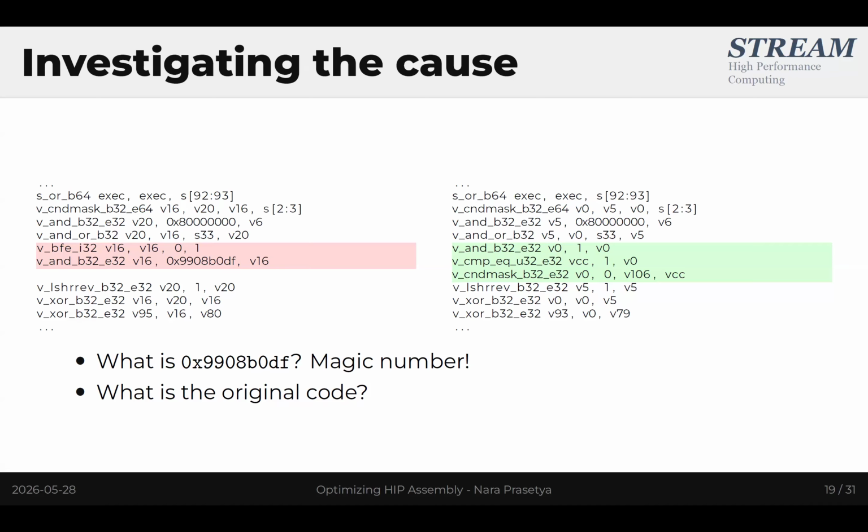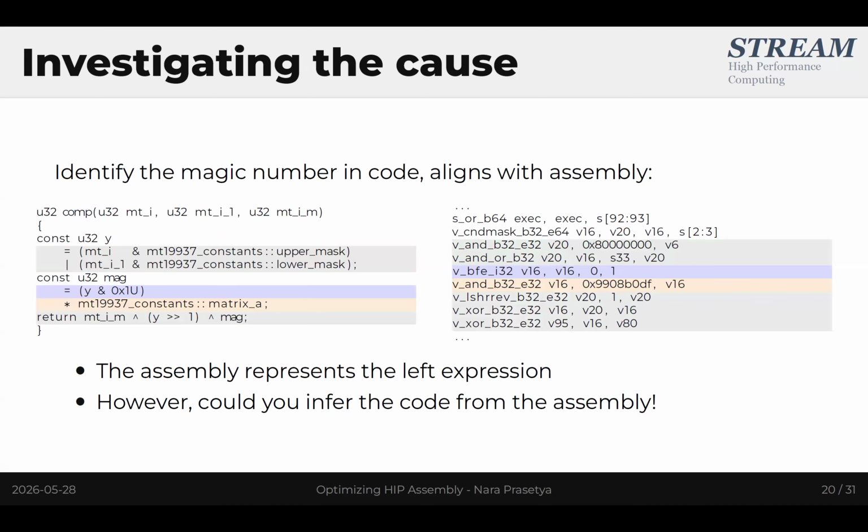So what is this original code? Here we have the assembly on the right side, and on the left side we have the compiled assembly, and we kind of see the idea of what the compiler tries to do here. There's a bitwise check here, which is basically a Boolean check, but then we are just interested in the first bit, and then we multiply it by matrix A to get this magic value into the magnitude of this computation.